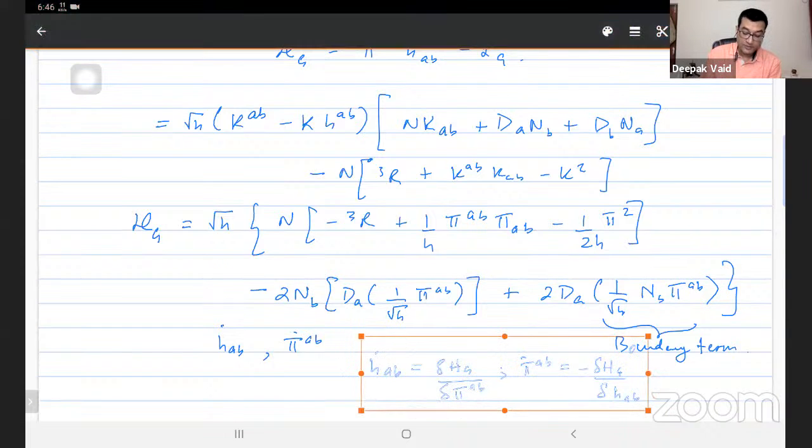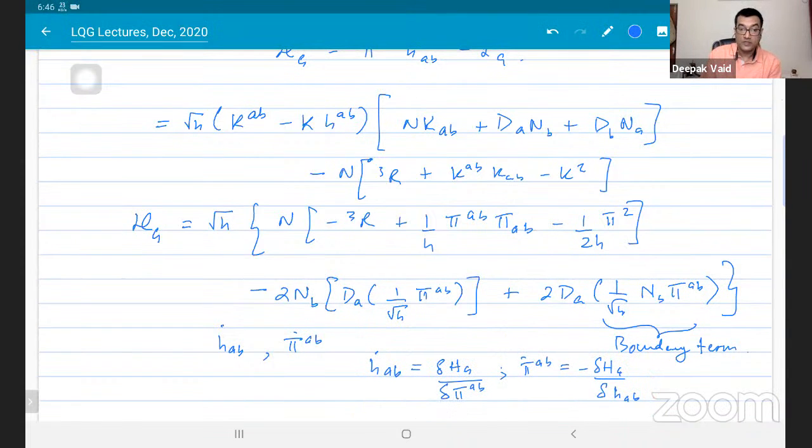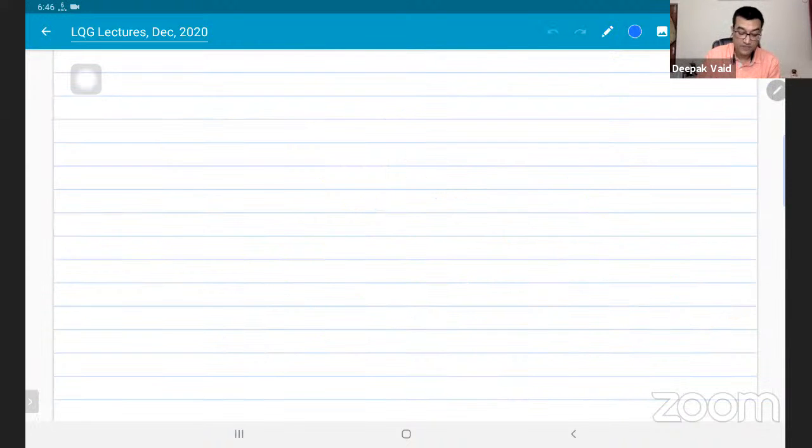This set of equations, however, is what gives you the initial value formulation of general relativity. This is something that is very useful and is used in numerical relativity. So if you have some general space-time, and let's say you want to simulate what happens when two black holes collide, or two neutron stars collide.